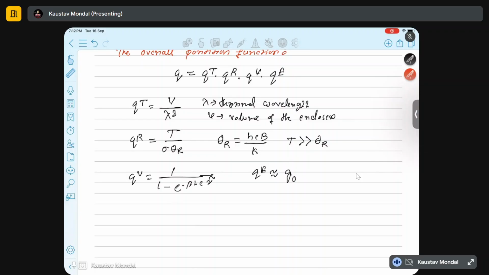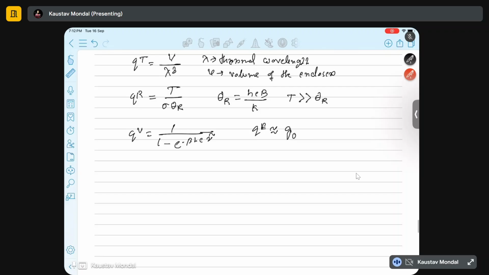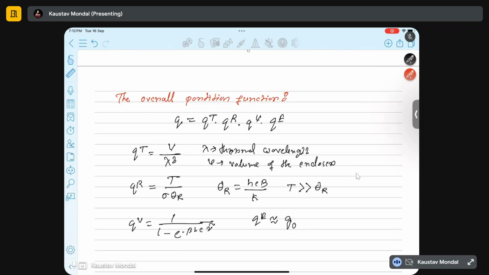So what you can do now, for a molecule, let's suppose all four contributions are there.